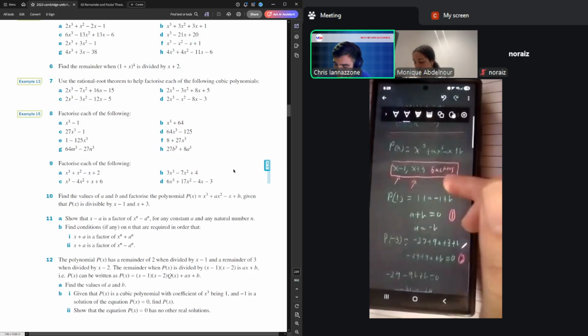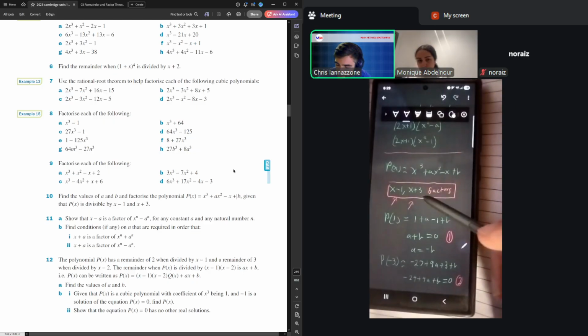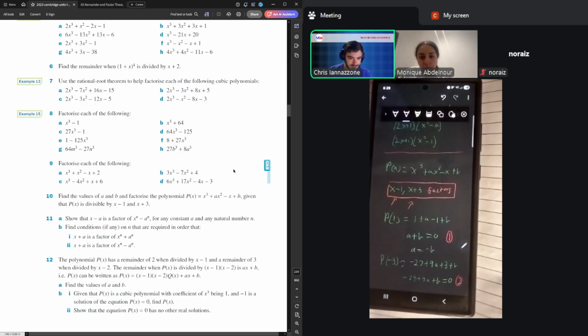Actually, I'm curious just to see, based on your understanding of things, when we get a quadratic out of this, will that quadratic be factorizable based on what you're seeing here? You'll never have to answer this in a real exam, but it's nice for understanding. When we do our polynomial division, we'll get a quadratic. Can that quadratic be factorized?